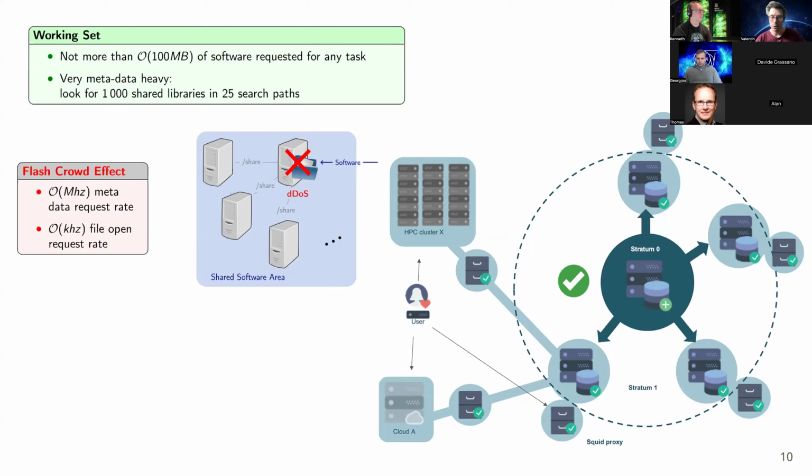Kenneth is going to show this a bit in more detail. What we then try to do is distribute all of this data and have efficient caches and proxies on the way between the client and the actual source of the data, which is the stratum 0. And that makes this work in a distributed environment as we had before.